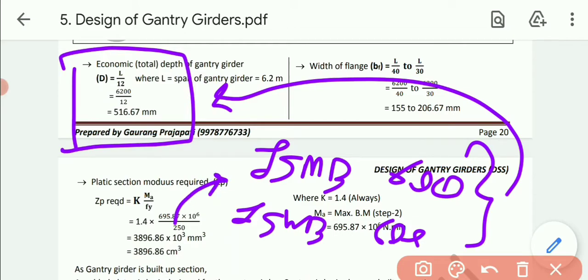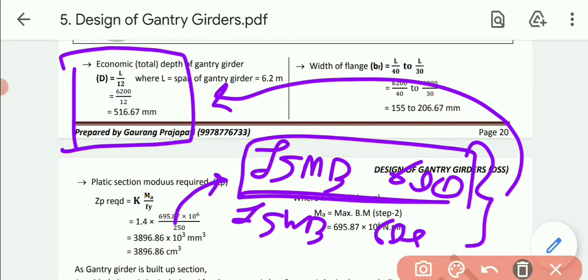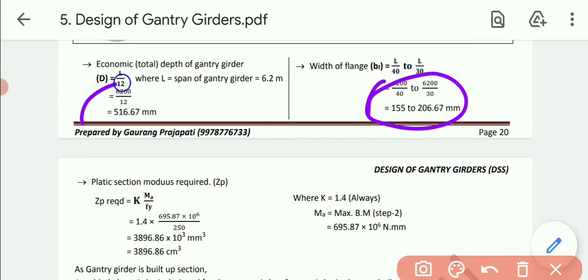If we select this section, it will meet all these requirement criteria, but whenever we provide the checks, they will definitely not be satisfied, because the section we are selecting is a rolled section, and basically the gantry girder is always a built up section.